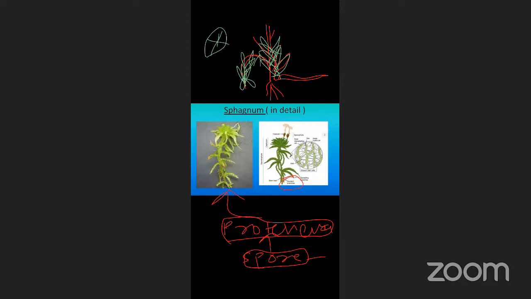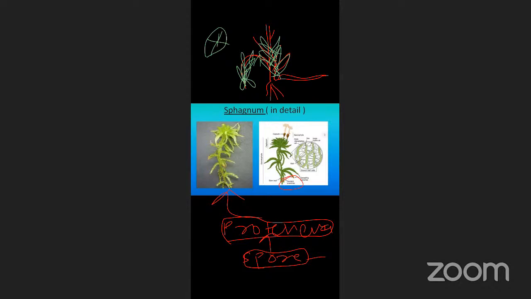And what is the function of the leaf? Photosynthesis. So this is about the leaf. So these three are completed: rhizoids, underground, for fixation and absorption of water, and the aerial erect stem with two branches. What are the two branches? Divergent branch and drooping branch.